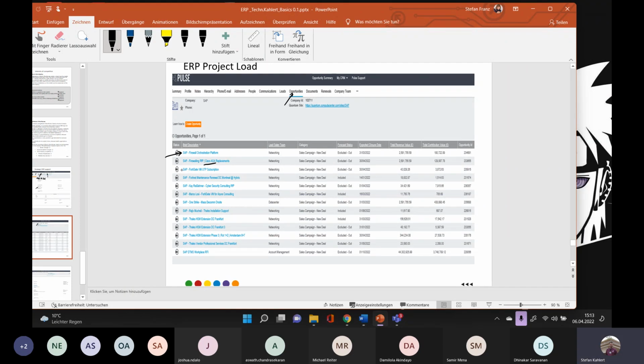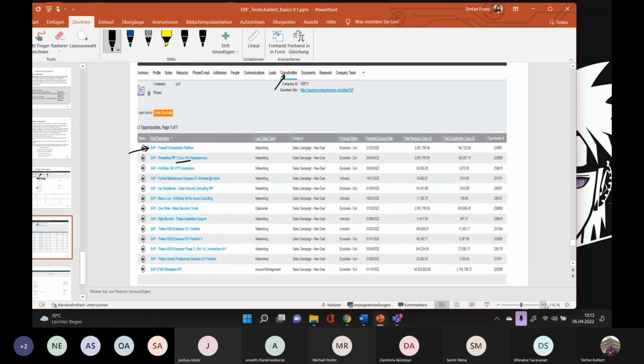Then there's a project which is this one. Make it big. This one is a replacement of an existing firewall, and FortiGate is the replacing product. FortiGate is from Fortinet, which is a firewall and security supplier.